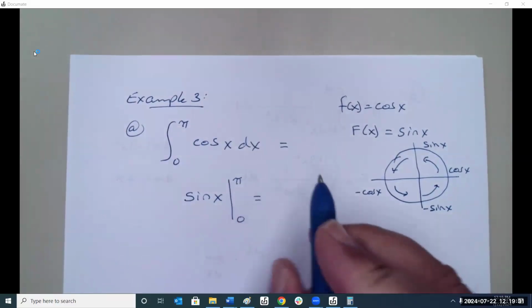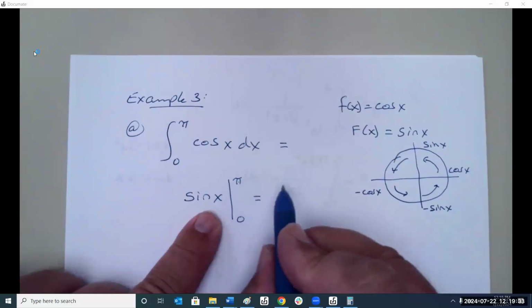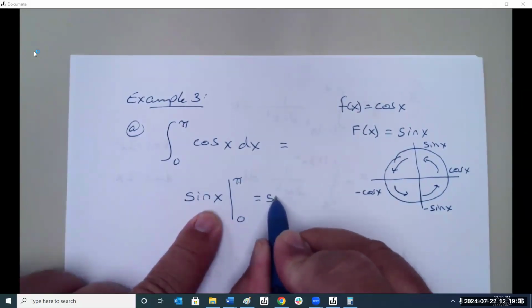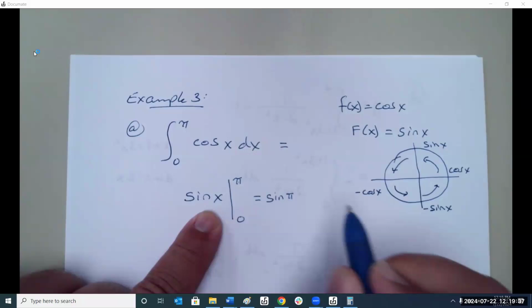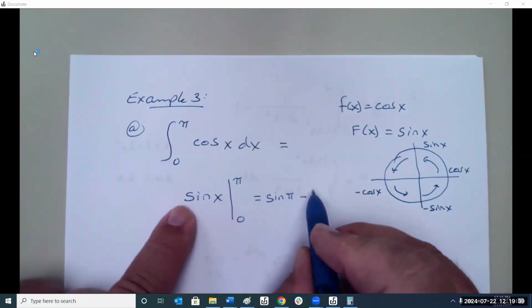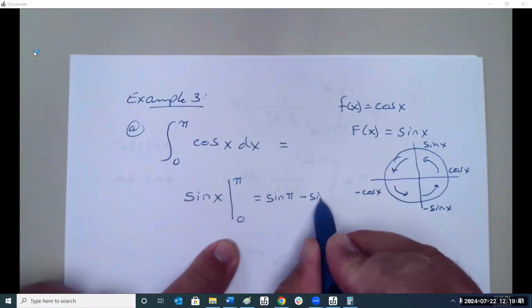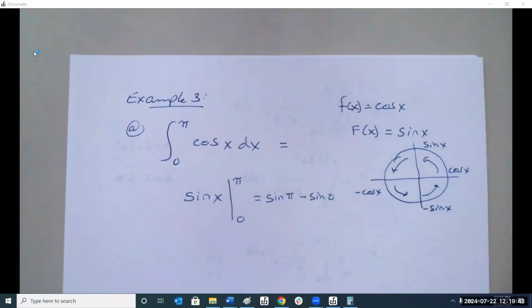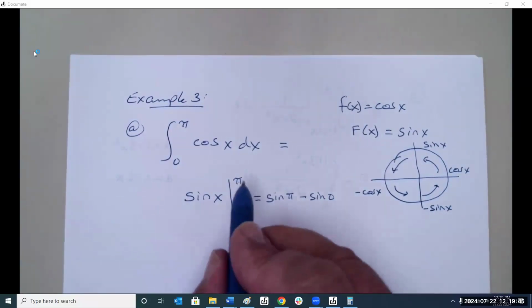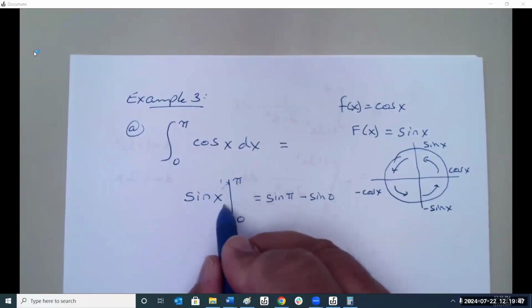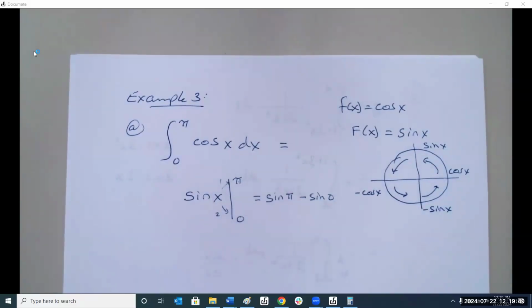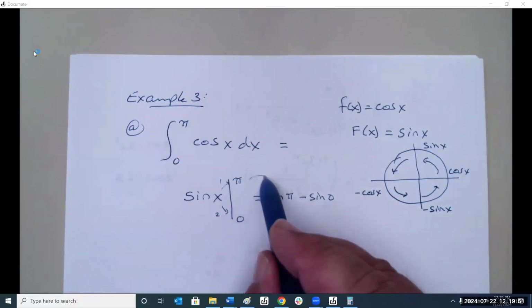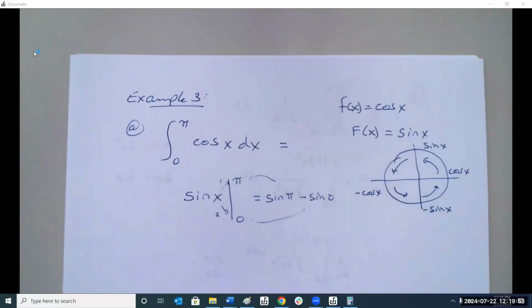What that means is we always start with the top element. So we have sine of pi minus the sine of the bottom one, sine of 0. So this one first, and then this one second. Sine of pi is 0. Sine of 0 is 0.